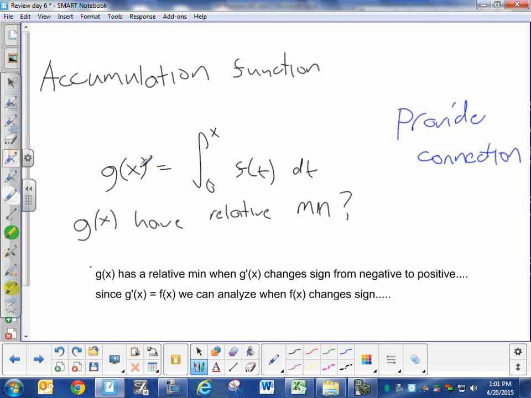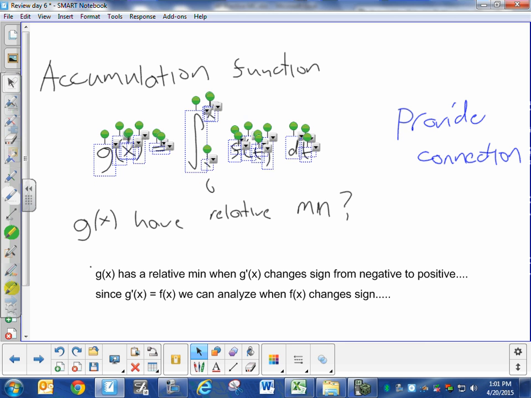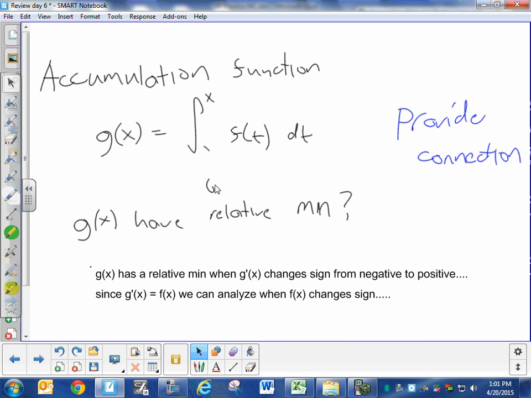So say you're given that g of x is equal to the accumulated area from 0 to x of f. You're asked, when does g have a relative min? Well, you would state this: g has a relative min when g prime changes sign from negative to positive. Well, the connection is that g prime is equal to what? Yes, f of x.